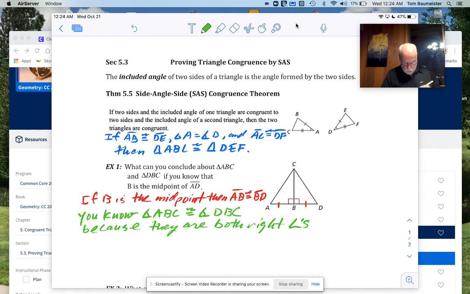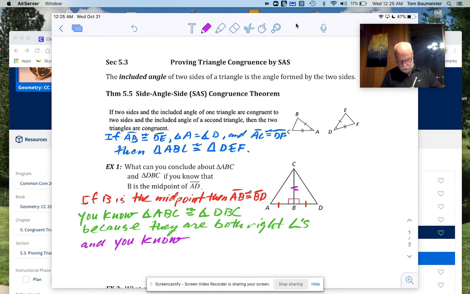Okay, and finally, look here: you've got a side, you've got an angle. We want that angle to be included. So where's it going to be included?